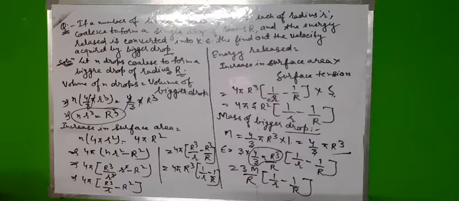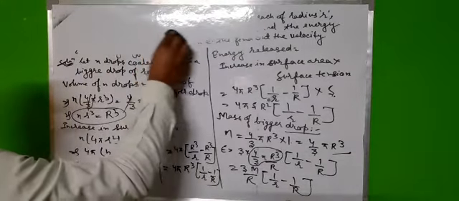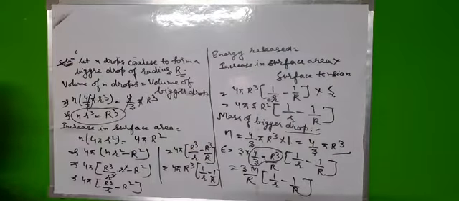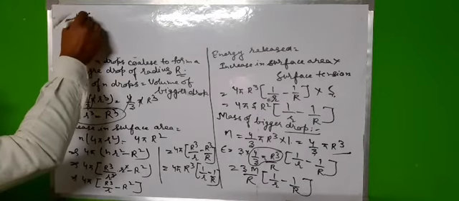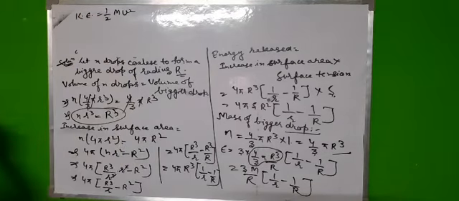So now we have to calculate the kinetic energy. Kinetic energy is equal to half mv square, and this kinetic energy is equal to energy released.